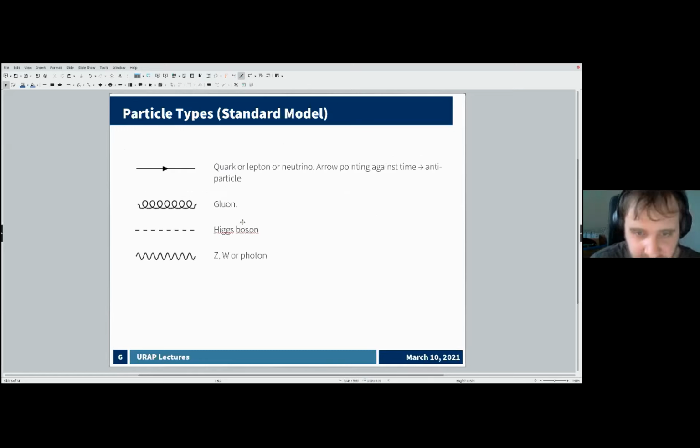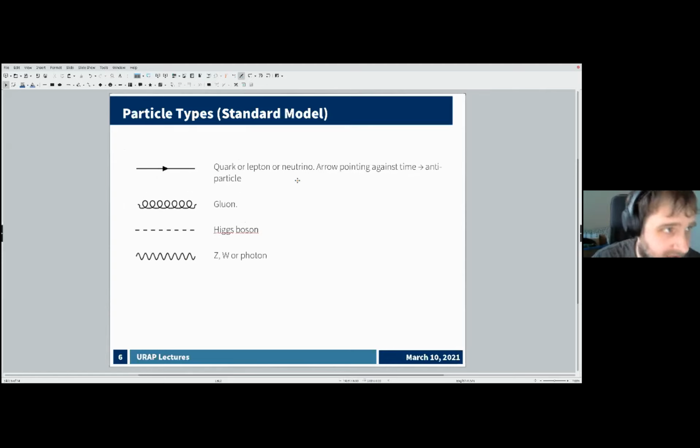Okay, so what are the rules? For particle types, these are all the possible particles that you can have in the standard model. If you have a quark or a lepton or a neutrino, which I think you also classified as a lepton, you just draw a solid line. Of course, for all these particles, you can have the particle and an antiparticle.